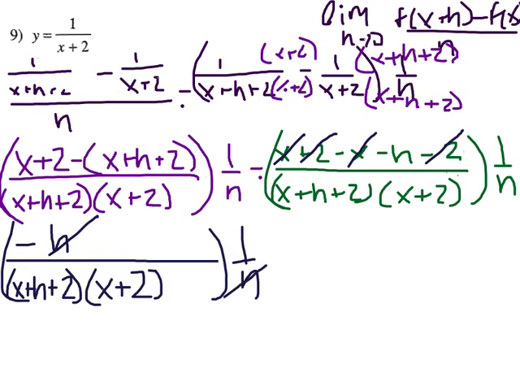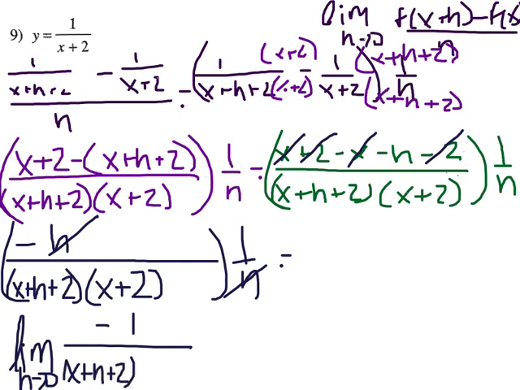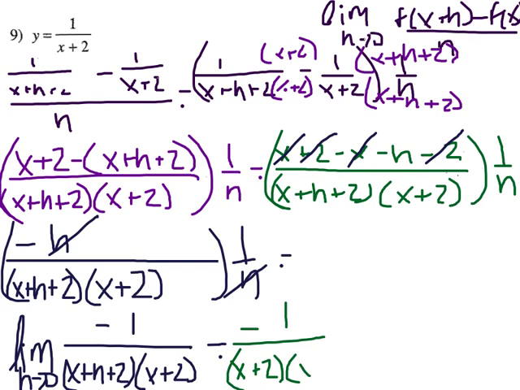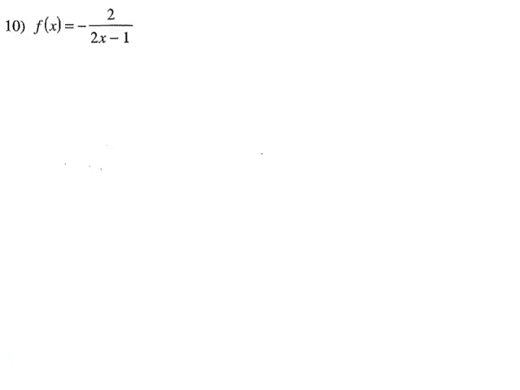Our h's will cancel out. And we now have the limit as h approaches 0 of negative 1 over x plus h plus 2 times x plus 2. We have no domain errors when we plug in 0 for h, so we have negative 1 over x plus 2 times x plus 2, or a more proper way to write it, negative 1 over x plus 2 squared.